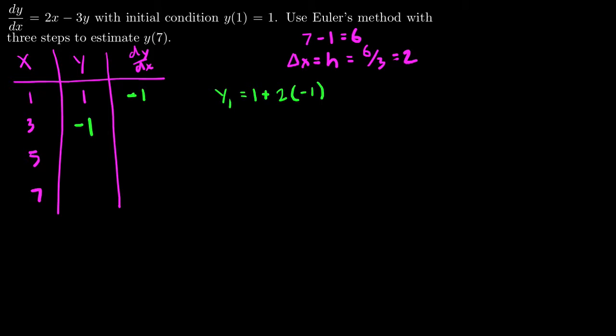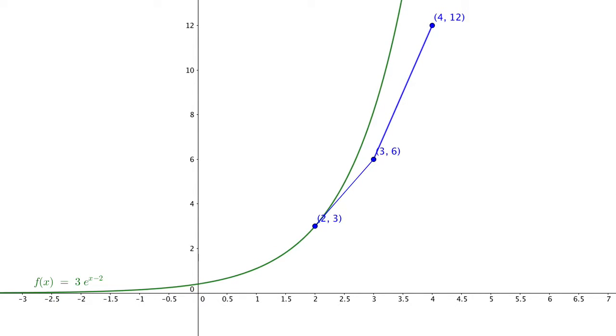And so in the graph, let me clear off my old graph. All right, I'm at (1, 1). And I take a step right 2 units with a slope of negative 1. So that gets me here.